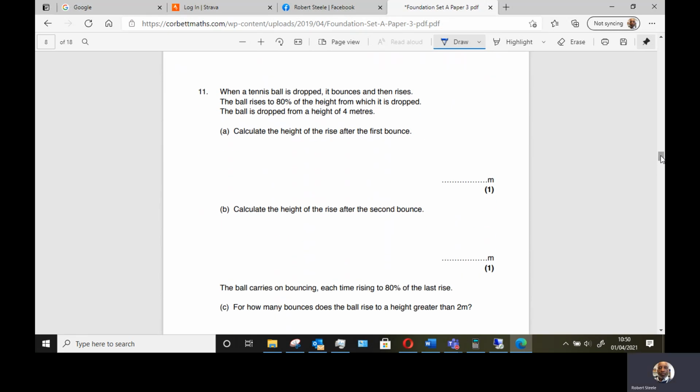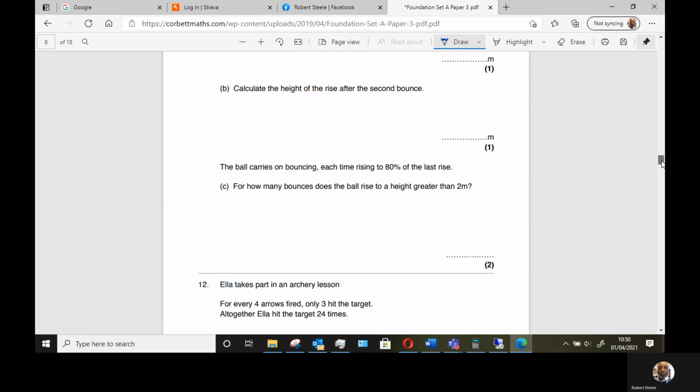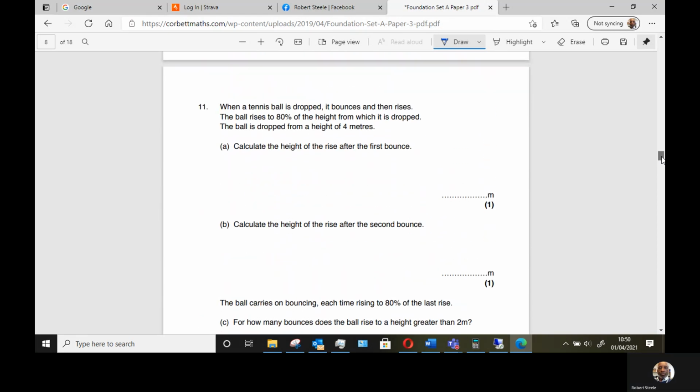Okay, when a tennis ball is dropped, it bounces and then rises. But each time it rises, it only goes back up to 80% of the previous height. So what I would draw for this is start out at a height of 4 meters.